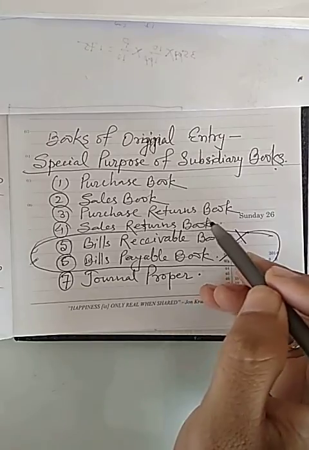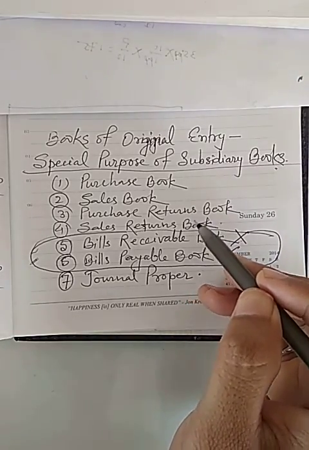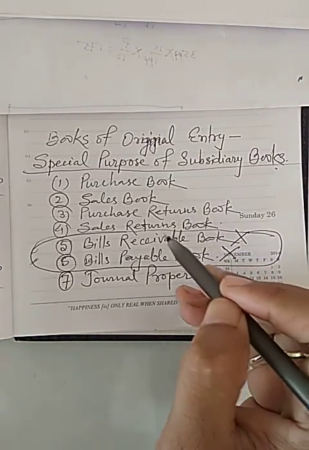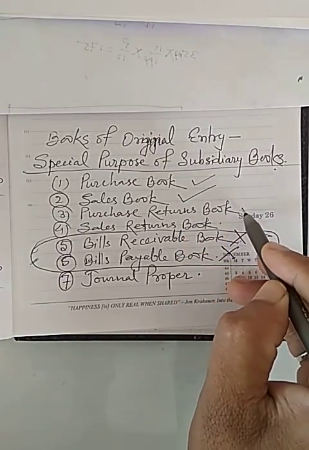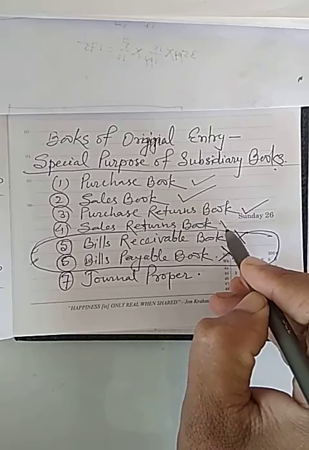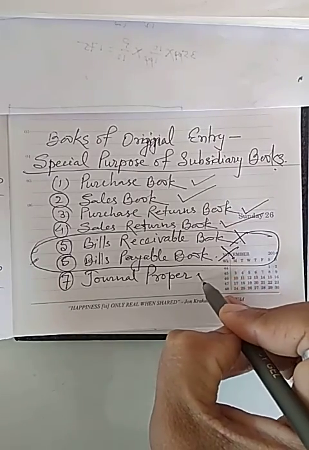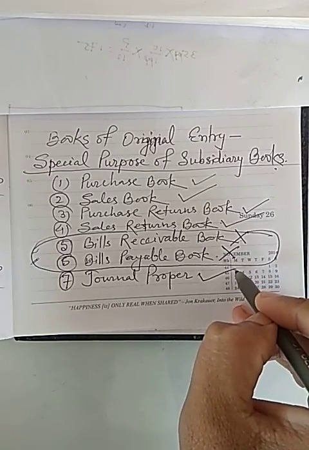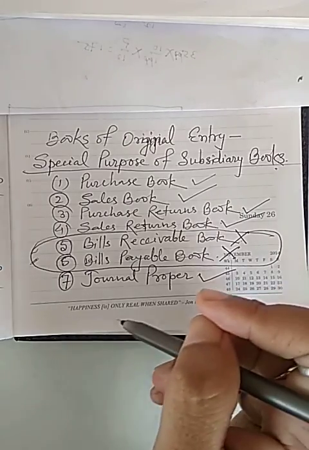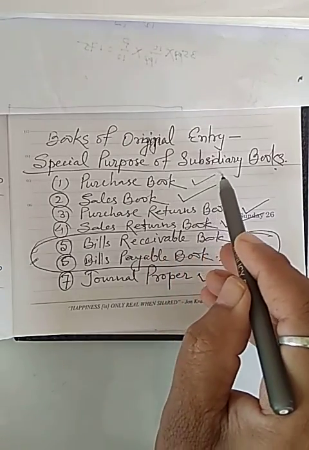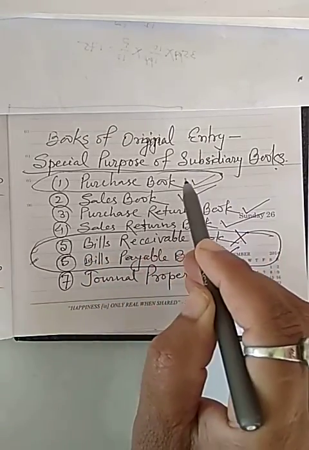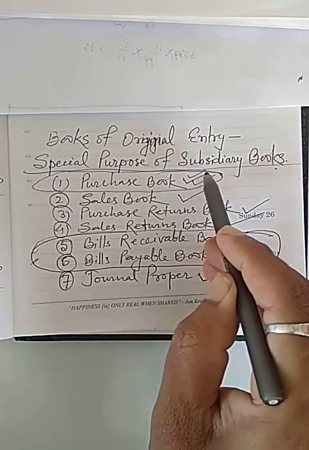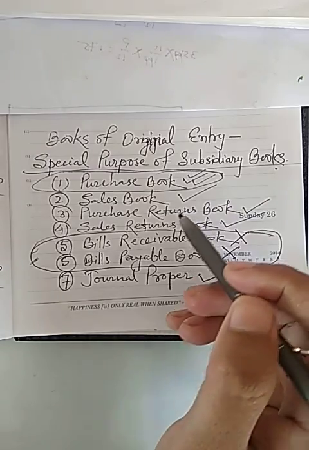We will only learn about purchase book, sales book, purchase return book, sales return book, and journal proper. Now I am going to explain the purchase book. So let us see the next page.